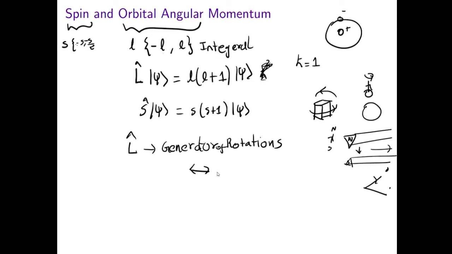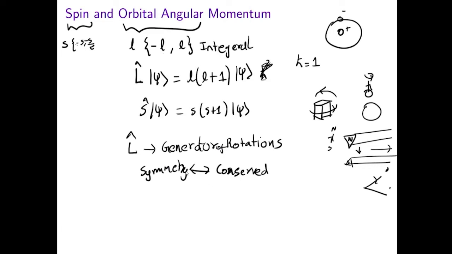From Noether's theorem, for every conserved quantity there is a symmetry. So if there is rotational symmetry, the quantity that is conserved is the total angular momentum.